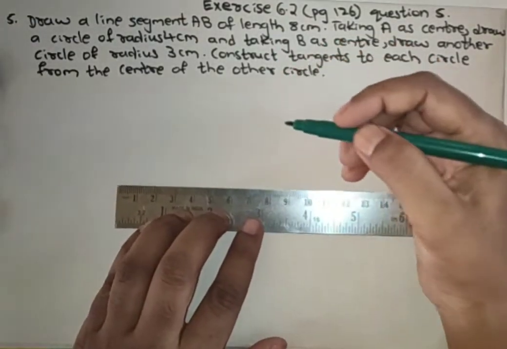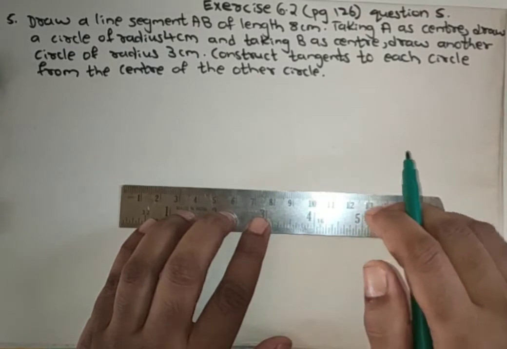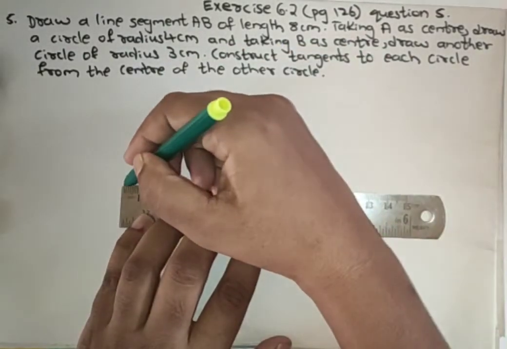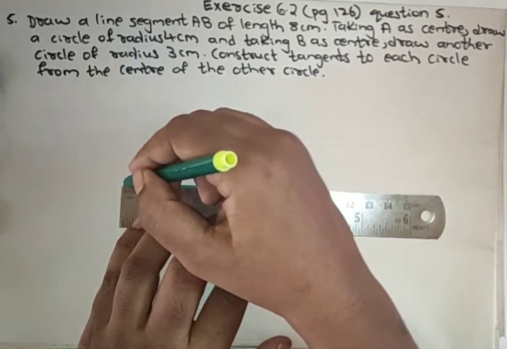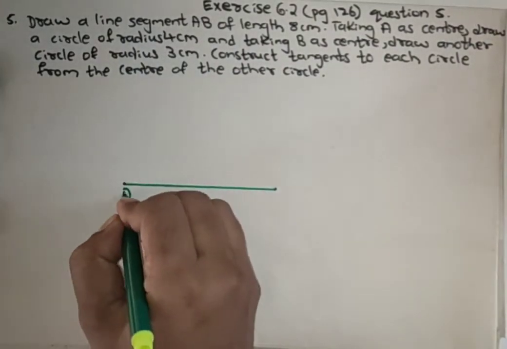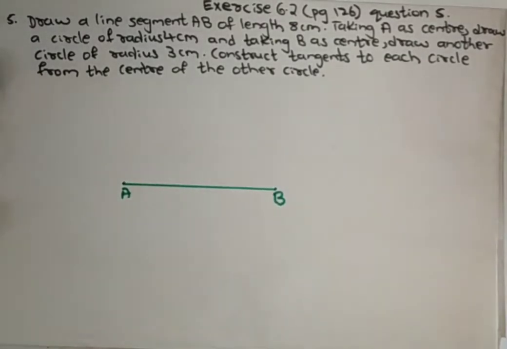Here, draw an 8 cm length line segment. Let this be A and this be B point.